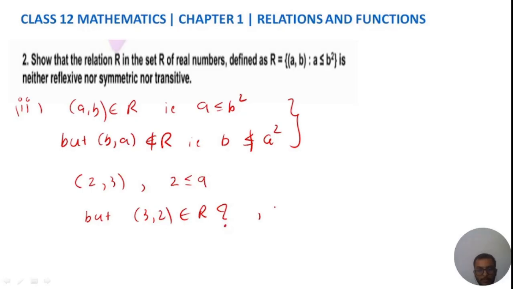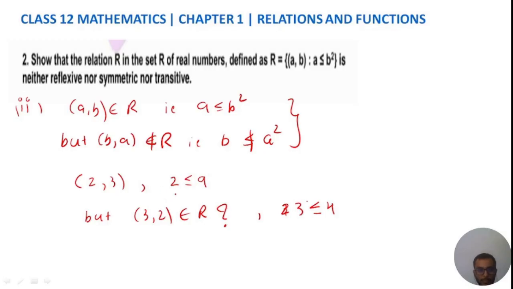For that we should have 3 less than or equal to 4. Yes, here it is holding, right? So this element will not work.